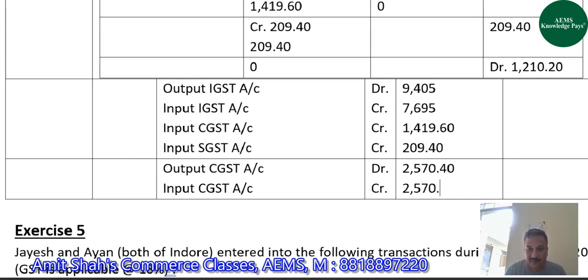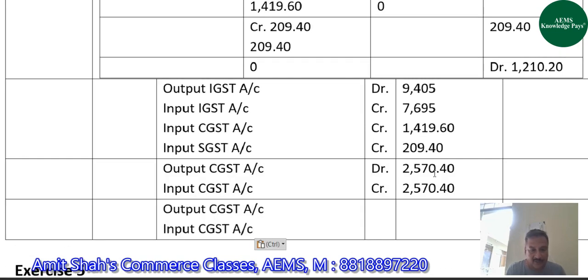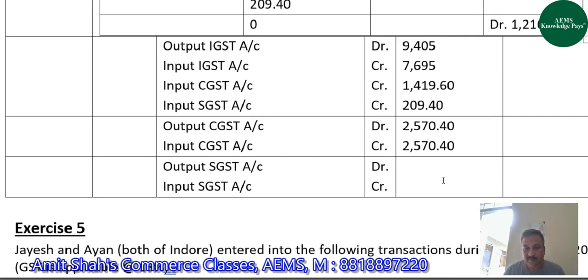And the same entry we will do for output SGST to input SGST with the same amount because they always have same amounts, 2570.40.